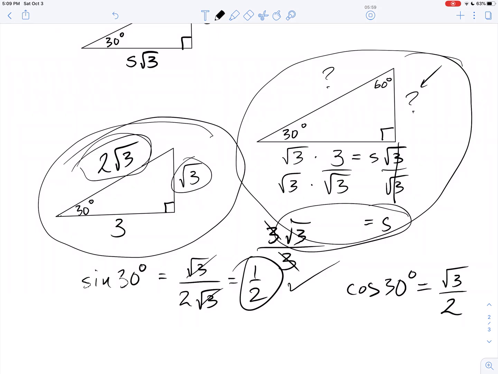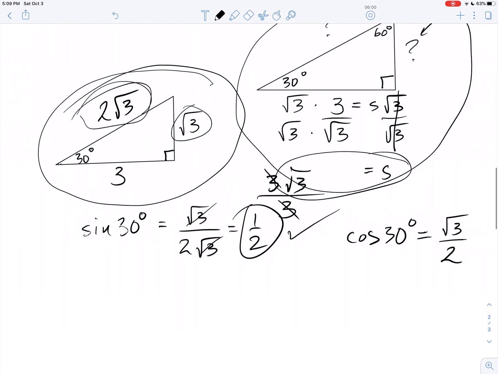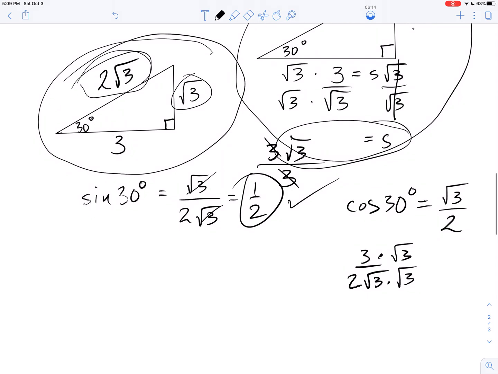Well, watch. If I did do cosine of 30, it would be adjacent over hypotenuse. I would say, wait, there's a rad 3 there, and I'm going to get that out. And then on the bottom, I would have rad 3 times rad 3. That's rad 9, which is 3. So I have 2 times 3 in the bottom. That's 6. And then I have a 3 rad 3, and 3 goes into 6 twice.